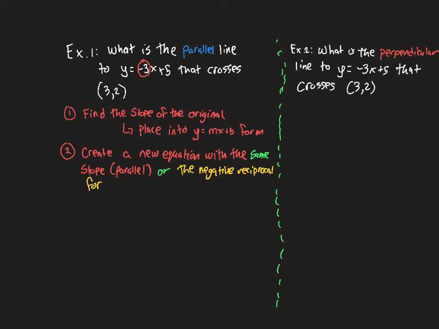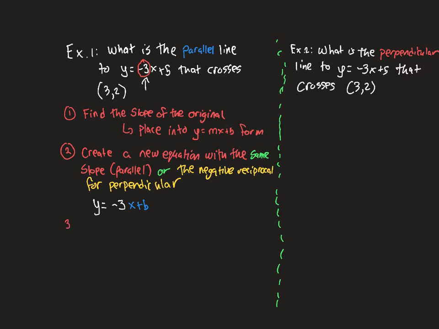Alright, so to do that, in our new equation we're going to go y is equal to, well, my slope is -3, that's my original slope, so -3x plus b, and you can see the rest is different. I don't know what my b is.